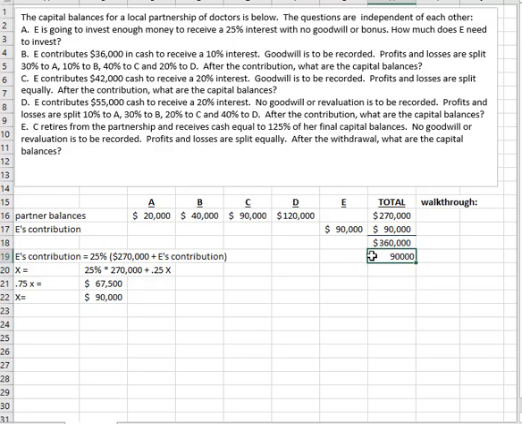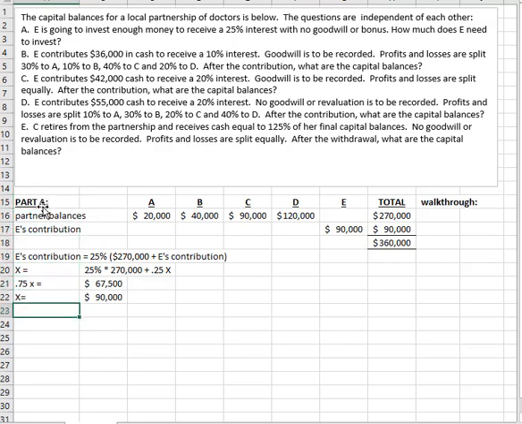Then you know it worked. So you can always check after you're done to be sure that the incoming partner got the percent that they were supposed to get. Whether you use a bonus or whether you use goodwill or none, it should still work out like that at the end. So that is QA. That is part A.